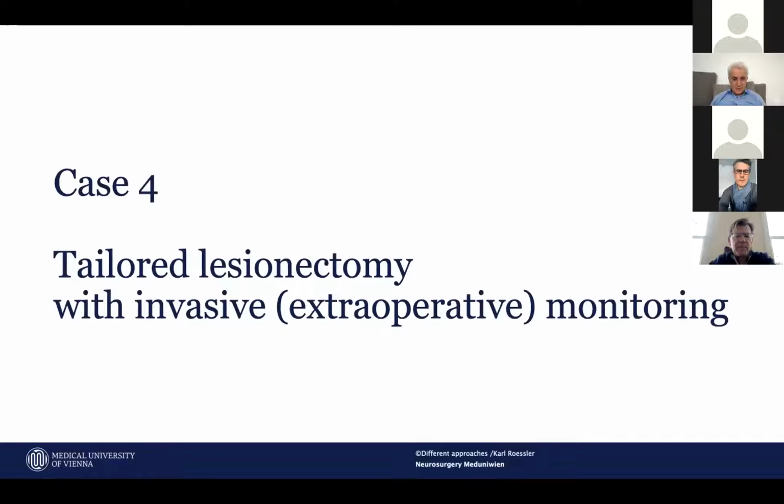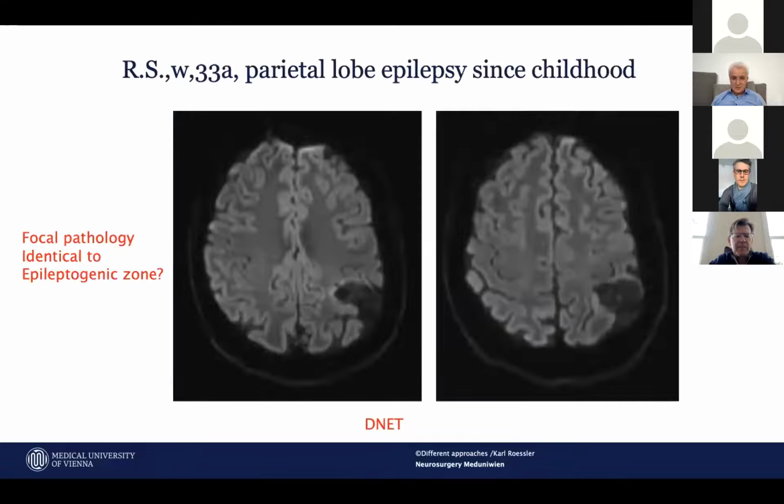And the fourth case is a tailored lesionectomy with also invasive extraoperative monitoring. We implanted, in this case, grid and strip electrodes. This was parietal lobe epilepsy in a young patient, but it was not typical from the clinical aspect.